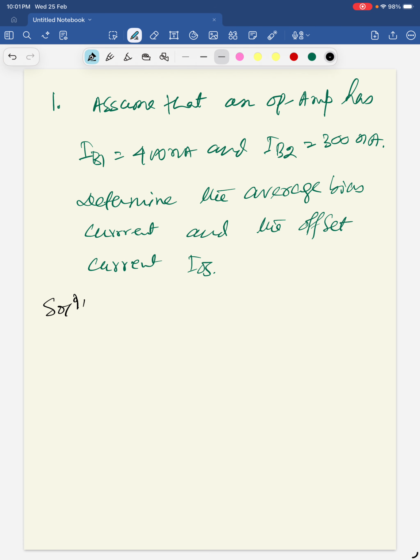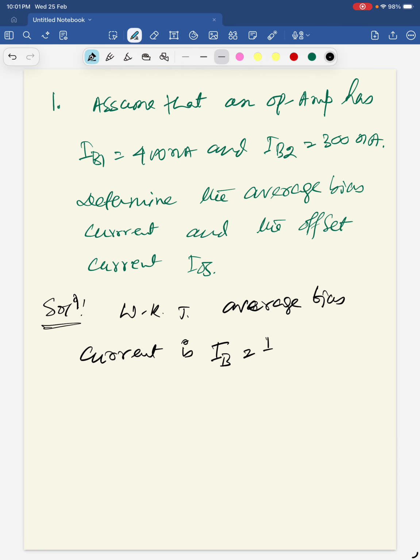Now the solutions. Average bias current, we know that the average bias current formula is IB equals the average of IB1 plus IB2, that is (IB1 + IB2) by 2.